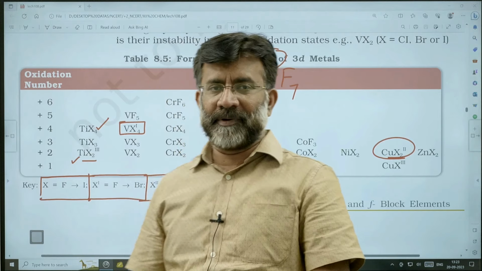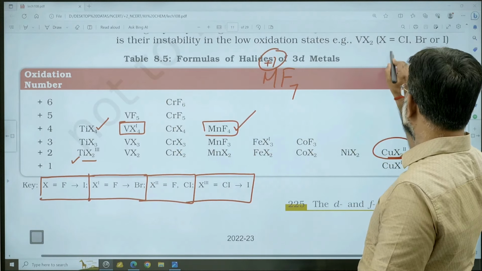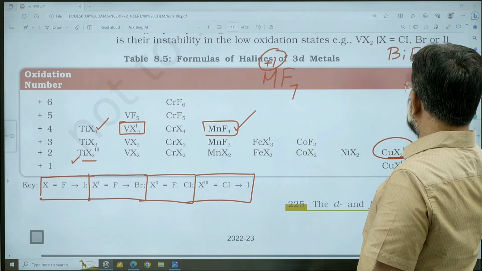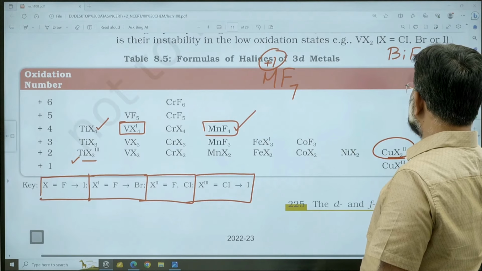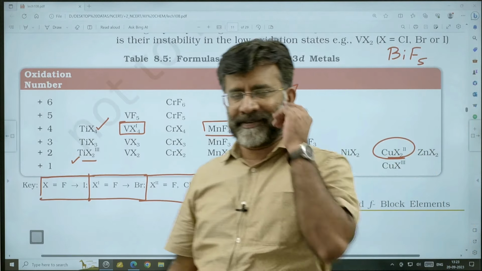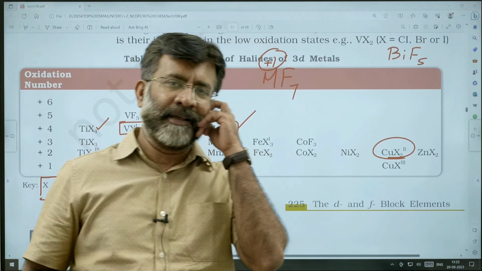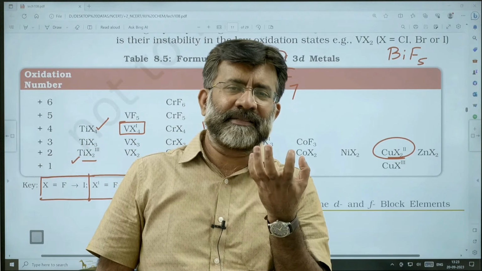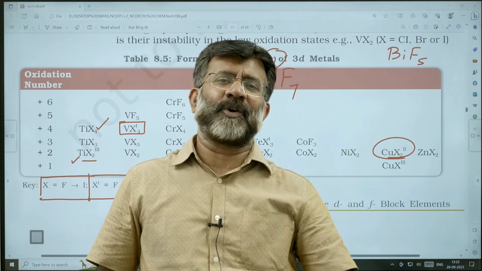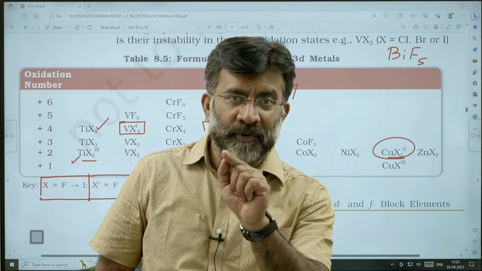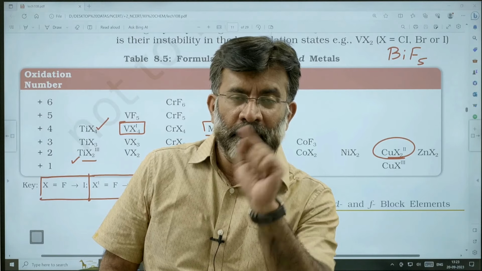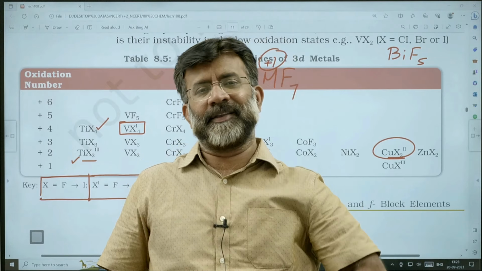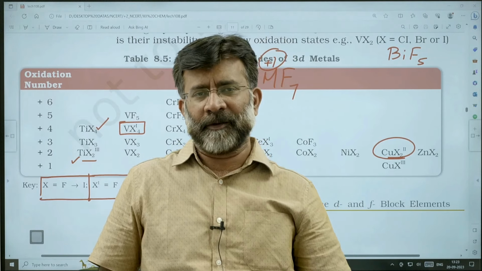For example, BiF5. Bismuth does not want the +5 state, but BiF5 exists because of fluorine. Fluorine brings bismuth into the highest oxidation state, but the same fluorine is unable to bring manganese to its highest oxidation state. It's quite interesting.